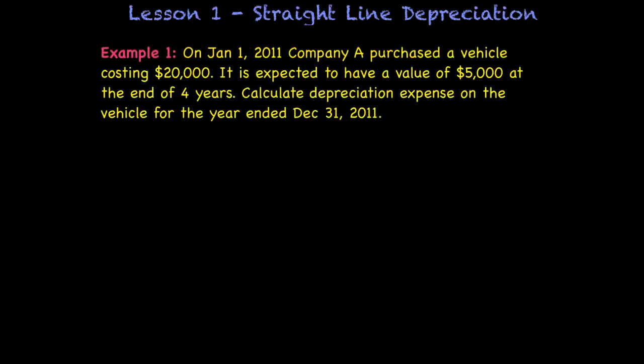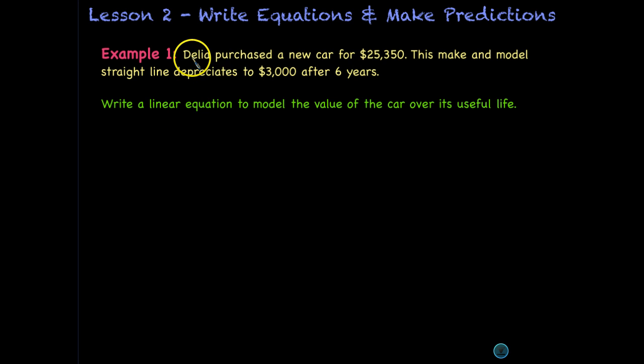Let's look at an example. Delia purchased a new car for $25,350. This make and model straight line depreciates to 3,000 after 6 years. We need to write a linear equation to model the value of the car over its useful life. Well, we know the equation is going to be in this form. Y equals mx plus b.